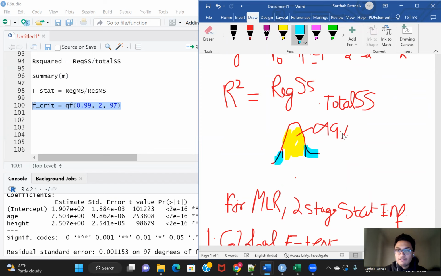So 0.5% and 0.5%. So if this is my T critical, this is 0.5%. So the area towards the left of T critical is 99.5%.